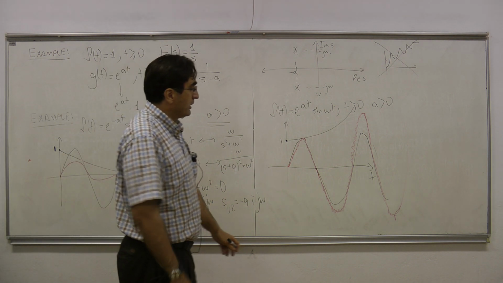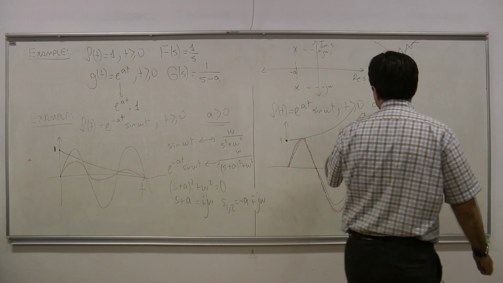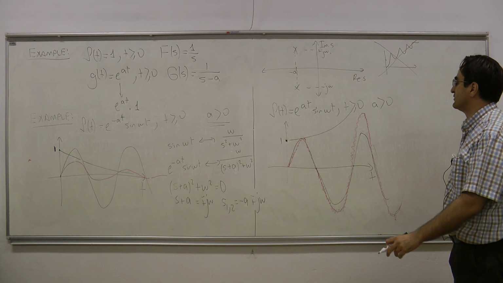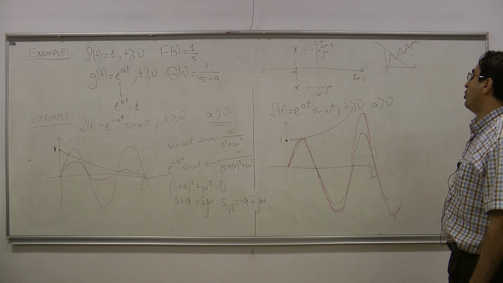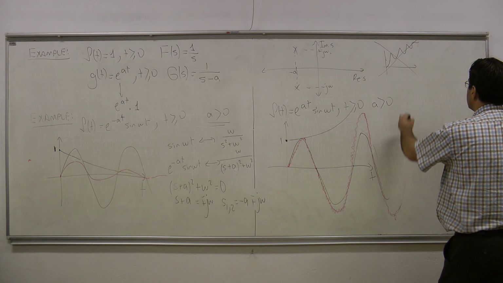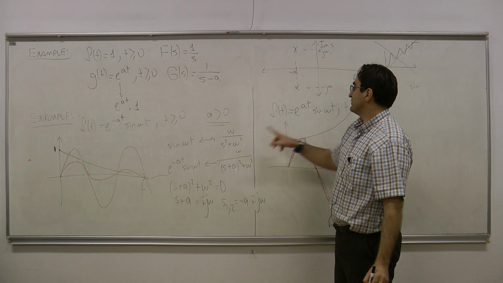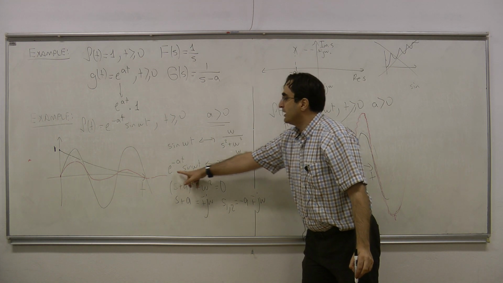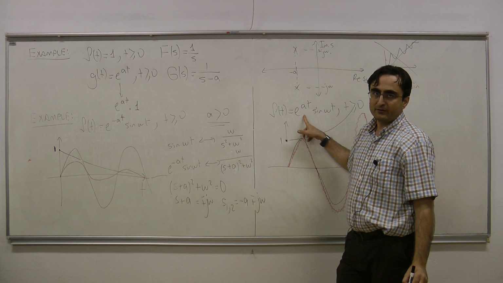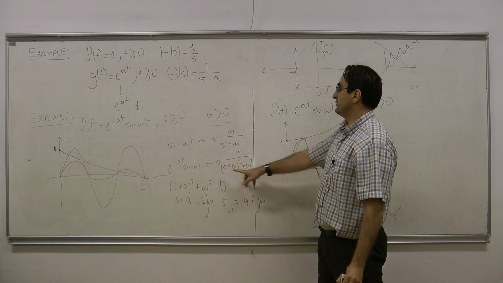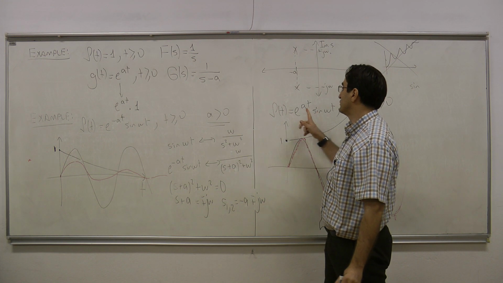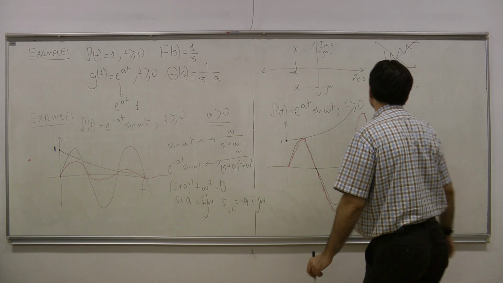Now I can actually look at the pole locations, but first let us calculate the Laplace transformation of this function. So sine omega t is again the same thing, but now instead of e to the minus at, I have e to the at. Okay? So instead of substituting s plus a here, I need to substitute s minus a.